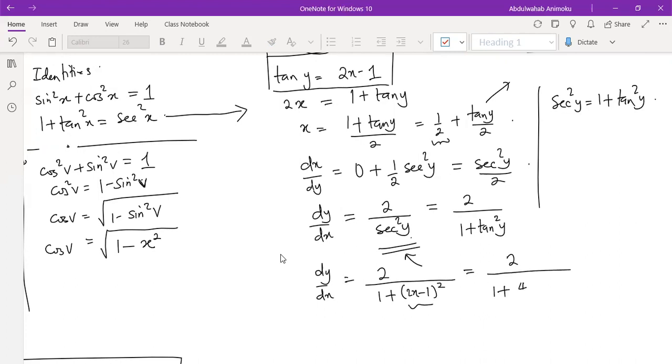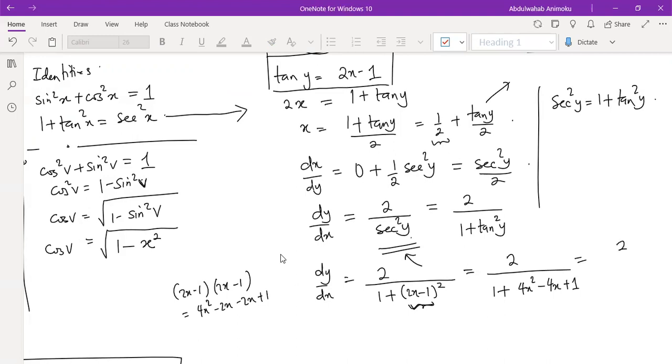To give us 1 plus, when you square this, that will be 4x squared minus 4x plus 1. So just figure out how to square this, which is 2x minus 1 times 2x minus 1, which will give us 4x squared minus 4x plus 1.